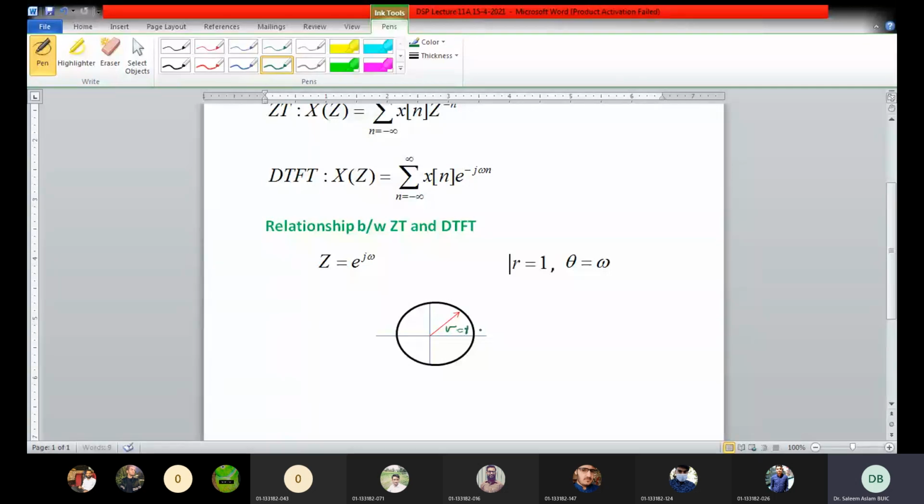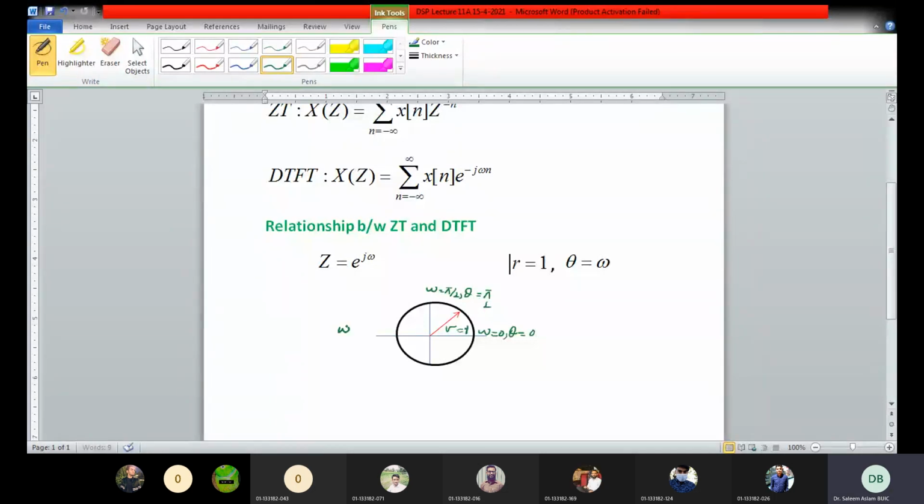So this is your omega axis. Omega is equal to 0, and you can call it theta is equal to 0, right? Here omega is equal to pi by 2 and theta is equal to pi by 2. Why? Because theta is equal to omega, so whatever the value of omega, it is equal to the value of theta.